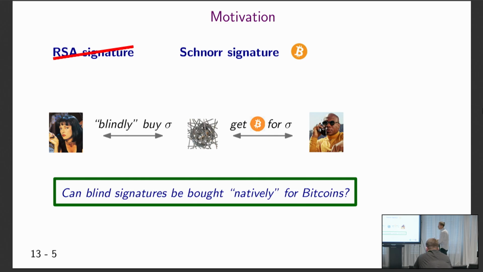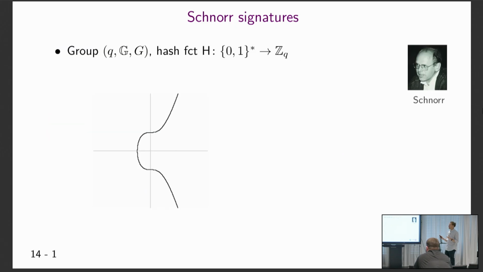Okay, so if we want to blindly buy a Schnorr signature, we should look at Schnorr signatures, and we should look at blind signing for Schnorr signatures. I hope most of you are familiar with Schnorr signatures. Here's a quick reminder.